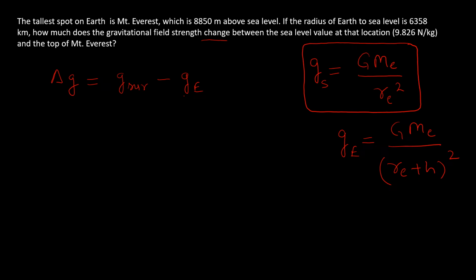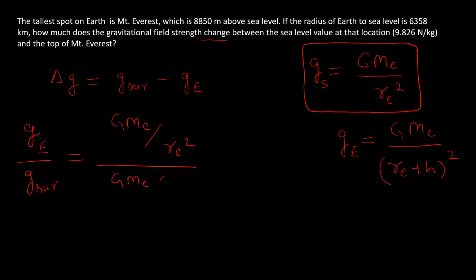So what we are going to do is find the ratio of g of E over g of surface. So this is going to be G M_E divided by R_E squared, and this whole thing G M_E divided by (R_E plus h) squared.